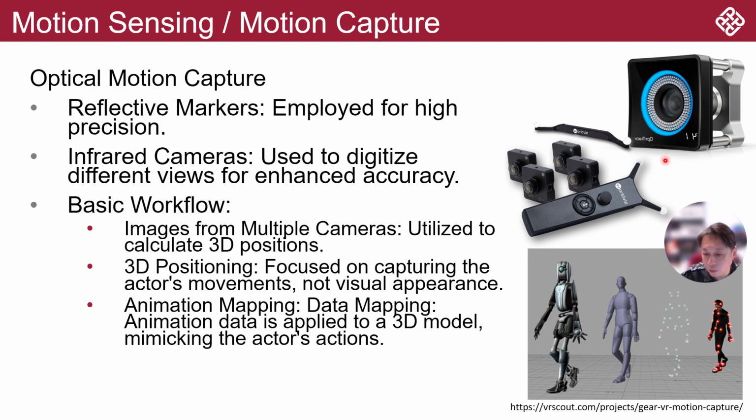So try to remember one of the brands: OptiTrack. Most of the equipment in our lab, for infrared cameras, is OptiTrack. The OptiTrack infrared camera will track the 3D structure of your body.